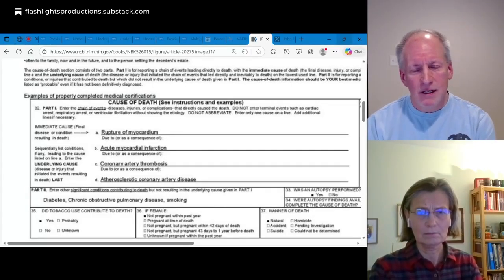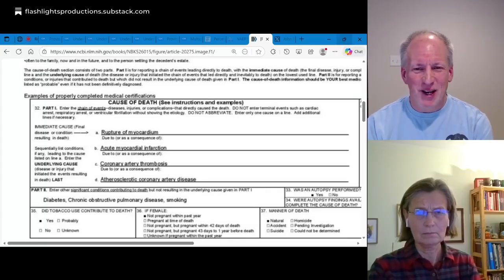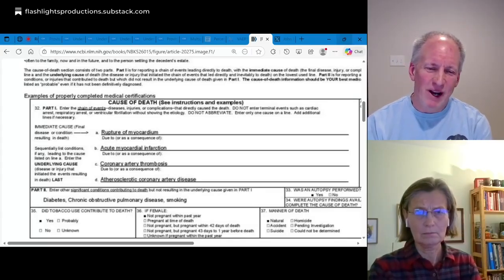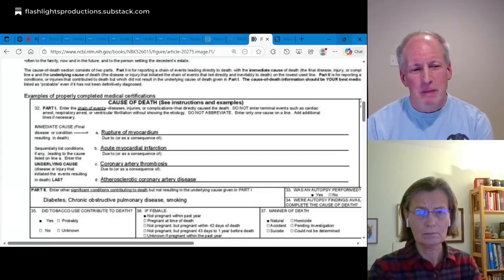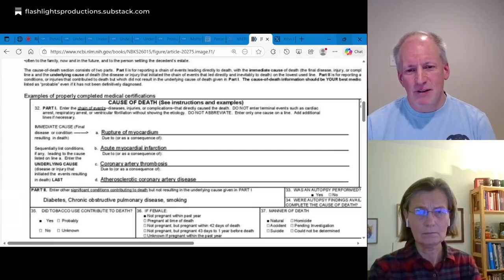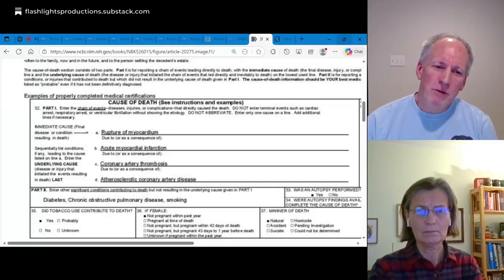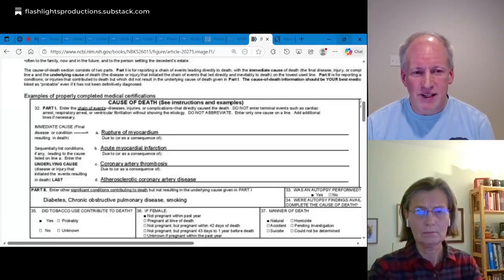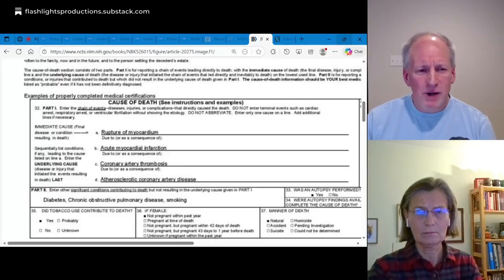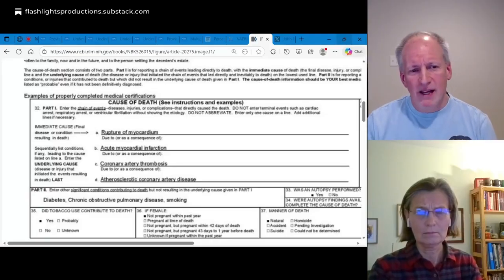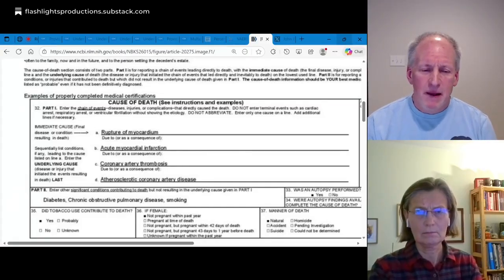Every state is different in custom and practice. We can talk about that in a minute. But morbid obesity is generally more extreme than obesity. So those are contributing conditions. Now let's get into the cause of death. By the way, this format of part 1 and part 2, where part 1 has A, B, C, D, is consistent across all the states.